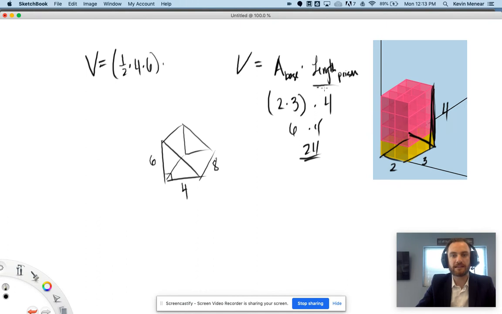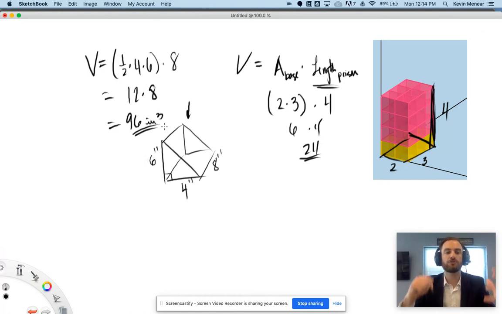But what's the length of our prism? Well, that's our length right there, which is 8. So to get the volume of our triangular prism, it's 1/2 times 4 is 2, times 6 is 12, times 8. 12 times 8 is 96. And again, if this was all in inches, this would be inches cubed.